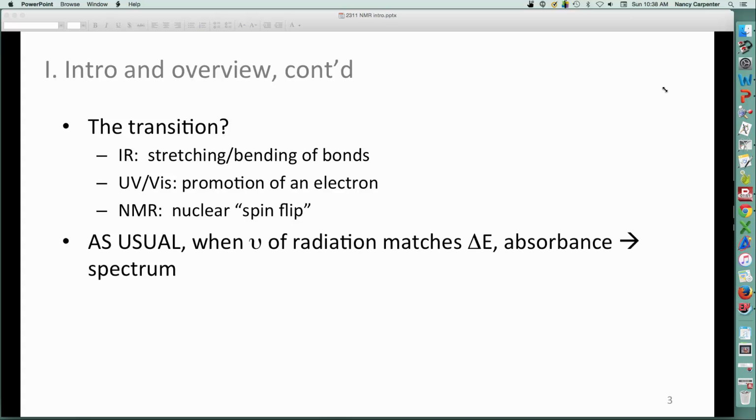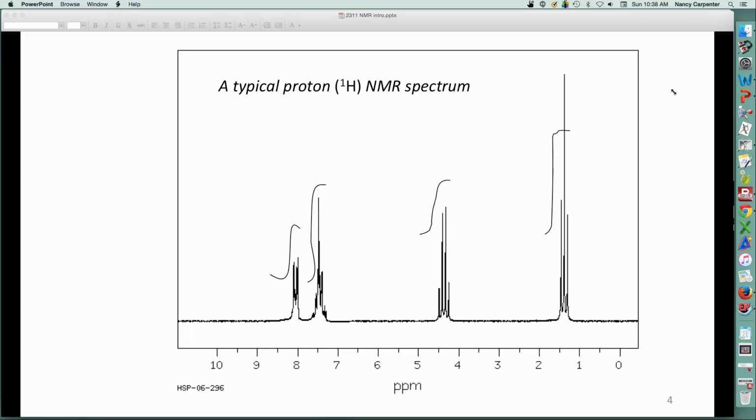But what's important is that when the frequency of that radiation matches the energy gap, the molecule absorbs the energy, and you see an absorbance somehow or other, and it records a spectrum. And from that spectrum we get all kinds of information. In NMR, and this is why it's so complementary to IR, it tells us information about the carbon and hydrogen skeleton, which of course IR is pretty useless for.